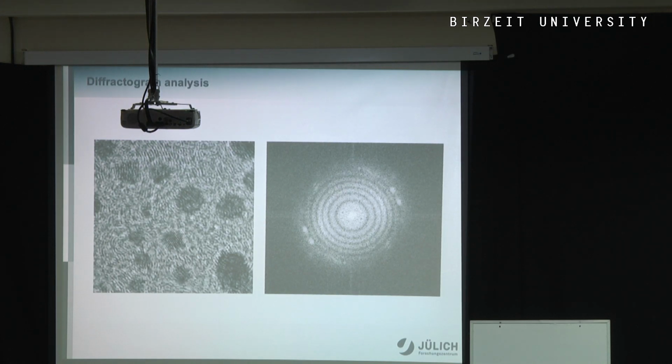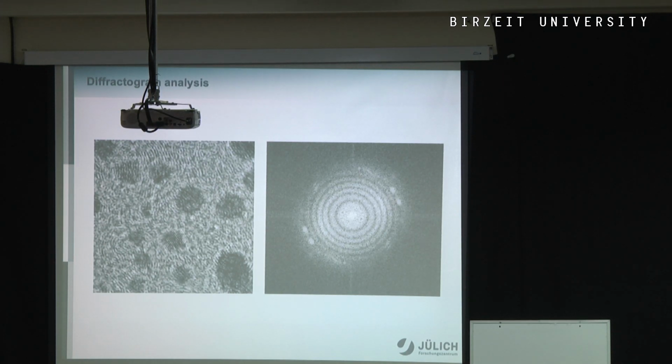And why is that useful? Well, these rings are independent of what sample you put in the microscope column, but they are sensitive to the imaging conditions and some fundamental parameters like the aberration coefficients.